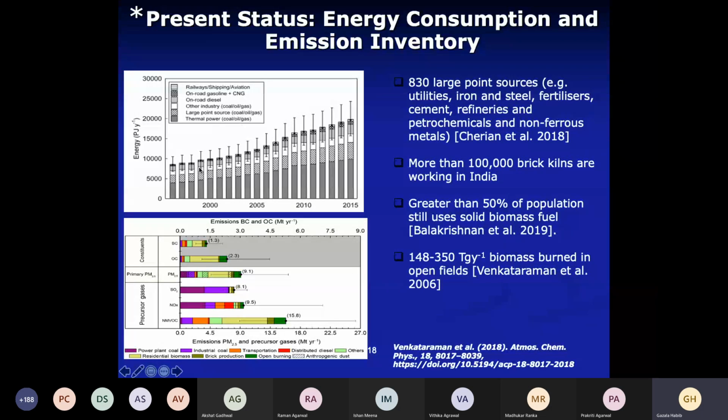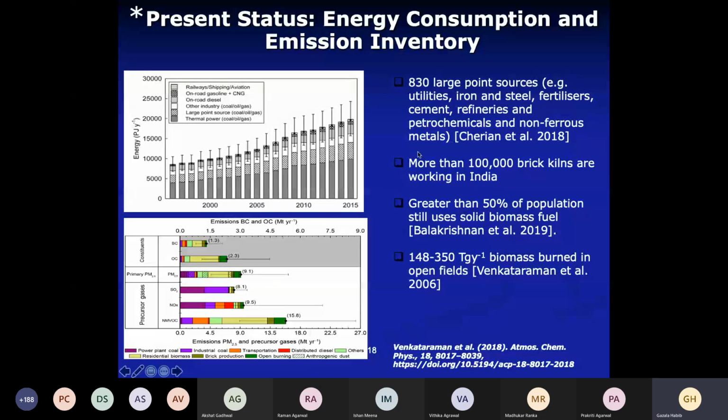The growth in the on-road transport sector is very steep. It's getting larger in 2050, and now it would be more, because with the growth in population and economy, more and more four-wheelers and two-wheelers are being used in Indian cities. So this sector has very steep growth.